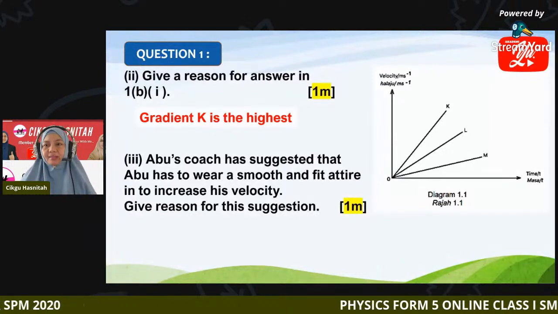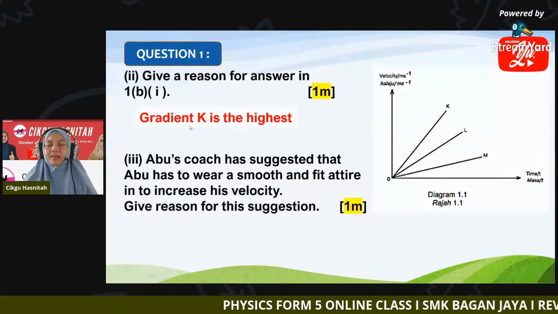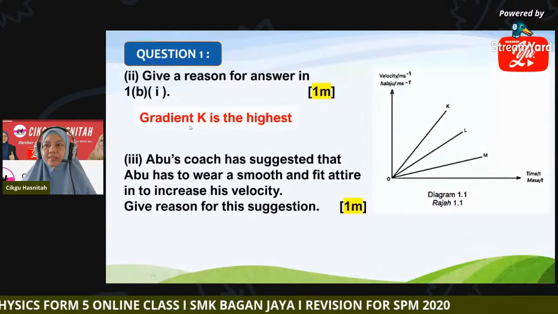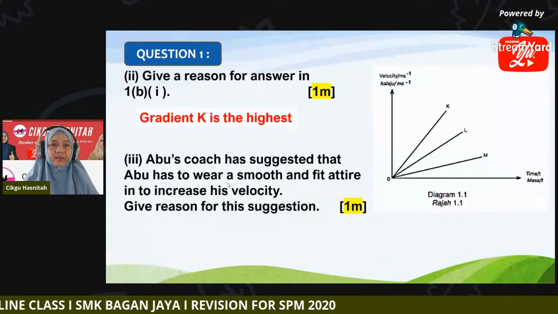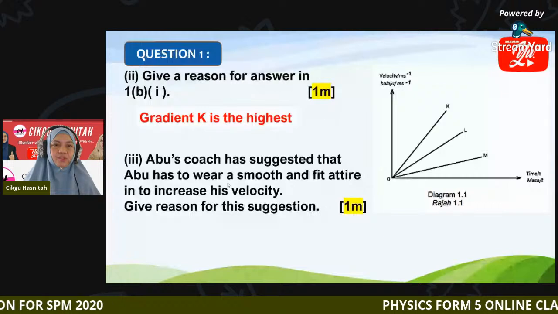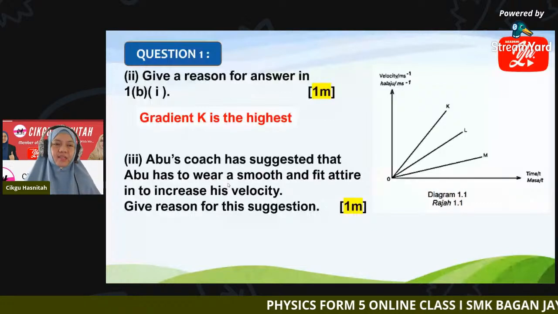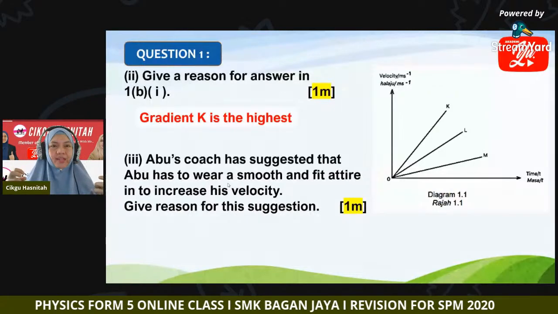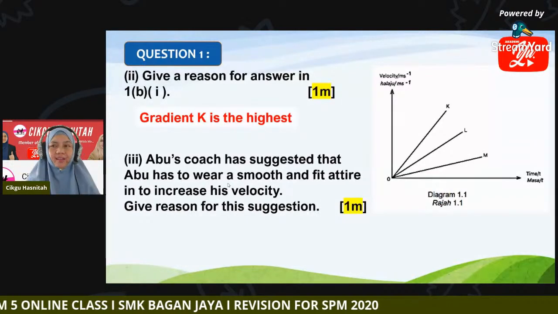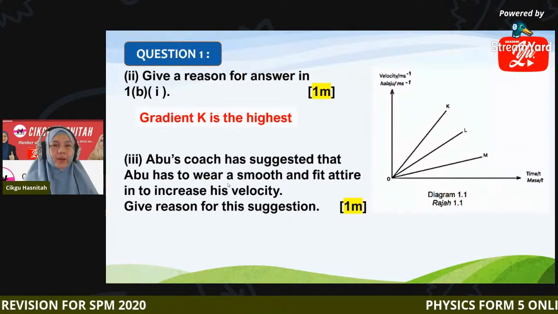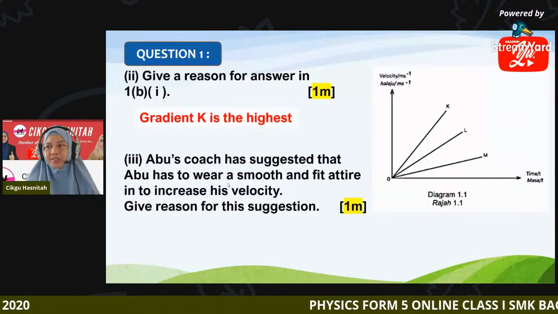Clear? Now question 3. Abu's coach has suggested that he wear a smooth and fit attire to increase his velocity. Give one reason for this suggestion. So what is the purpose of wearing a smooth and fit attire when you are running? What is the reason for his coach's suggestion?